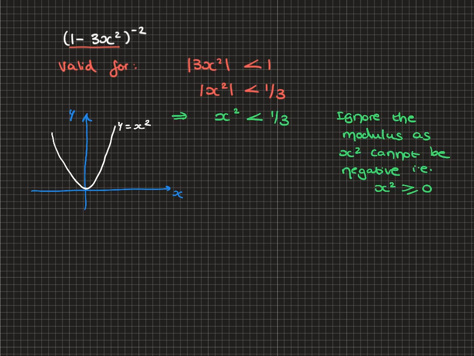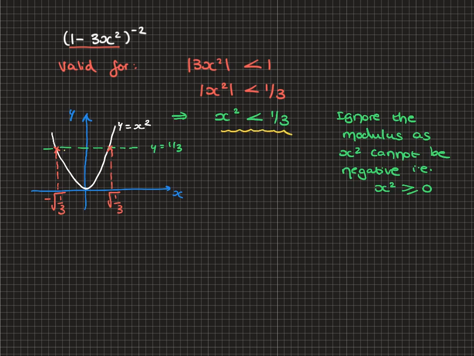So let's imagine we have a line drawn, none of this is to scale, which represents y equals 1/3. Now, at the points of intersection, we know this is where x squared equals 1/3. So where does x squared equal 1/3? Well, it equals 1/3 when x is equal to the square root of 1/3 and negative root 1/3.